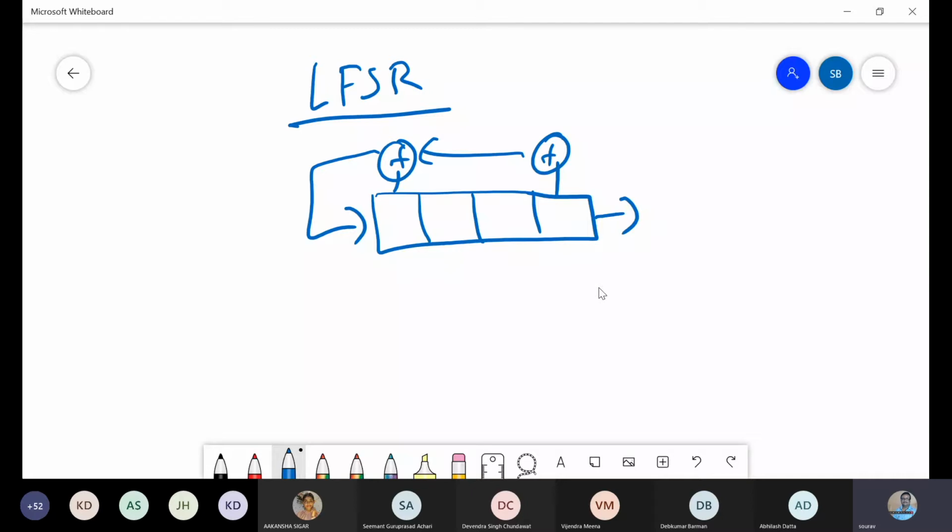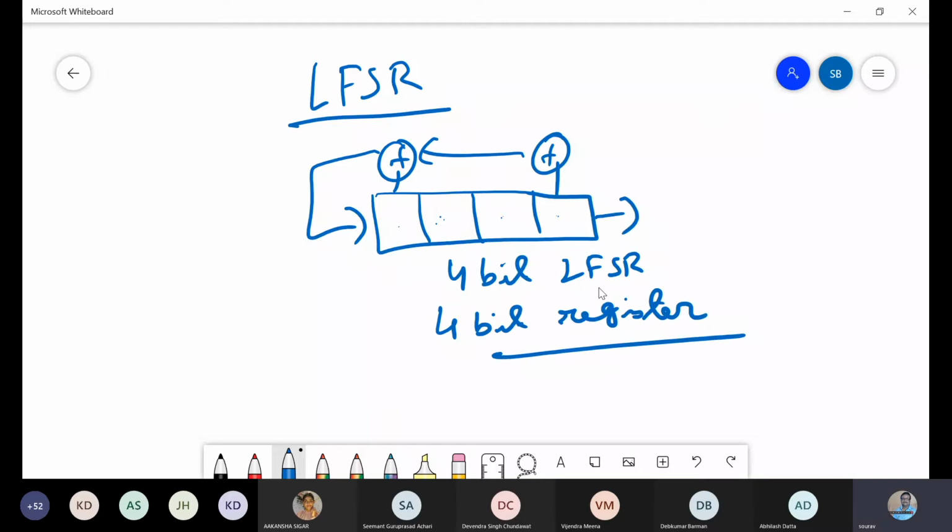So these are the states, the internal state. These are the bits. These are the flip-flops. So this is a 4-bit LFSR. This is nothing but a 4-bit register. So 4 flip-flops basically, connected with some nice connection, so that when we clock it, suppose it is initialized by some values.